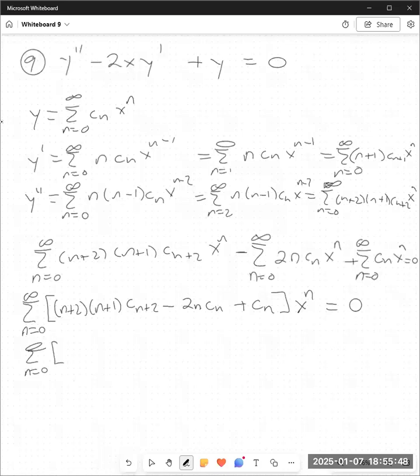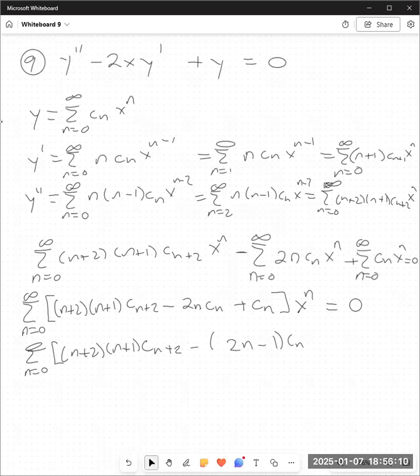Whatever, you know what that's supposed to be. (n+2)(n+1) c_{n+2}, and then this is plus a negative 2n plus 1 c_n, or minus (2n minus 1) c_n x^n equals 0.